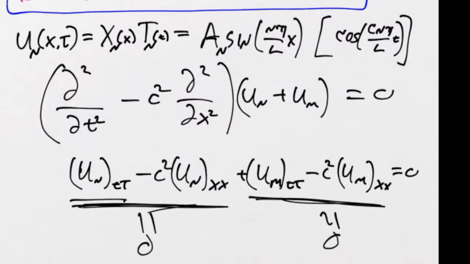So the point is, if you take any two of the modes and add them together, regardless of what this constant an is, because that doesn't even matter, that can be anything, you always have a solution. So if we were going to write the most general possible solution to all of this, what would it look like?